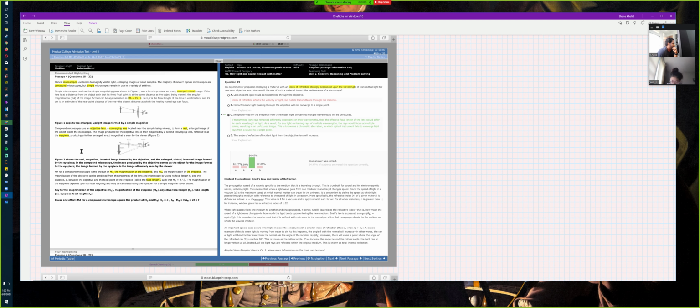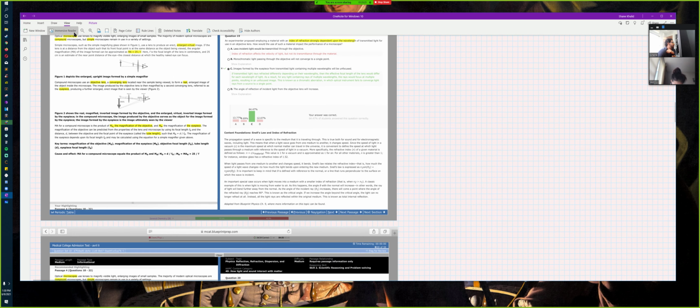The objective lens is a converging lens located near the sample being viewed, to form a real enlarged image of the object inside the microscope.